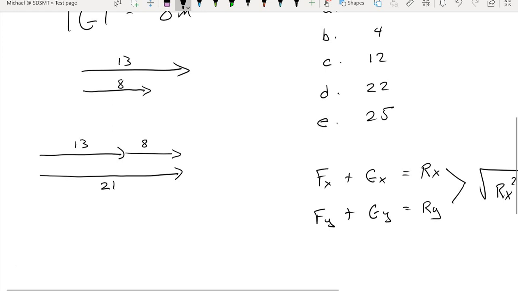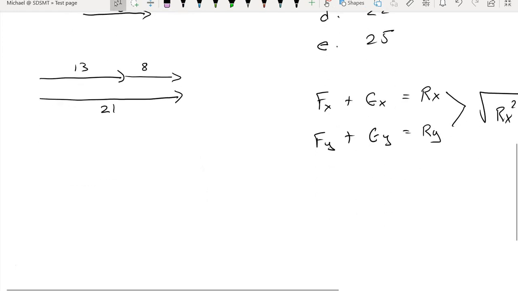And no matter how I try, I cannot produce anything larger than that. 21 is going to be the absolute largest magnitude that I can produce for any combination of these two vectors, because after this I have to start introducing some amount of angle to the vectors, which is going to cause the resultant vector to actually start shrinking in size.